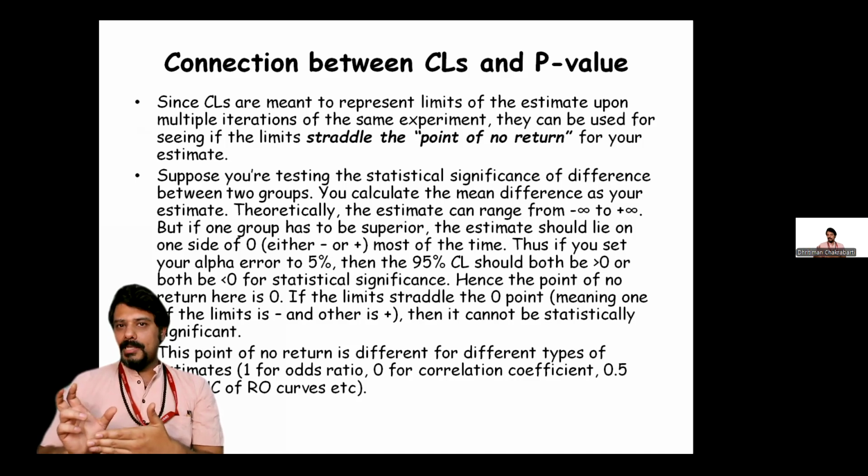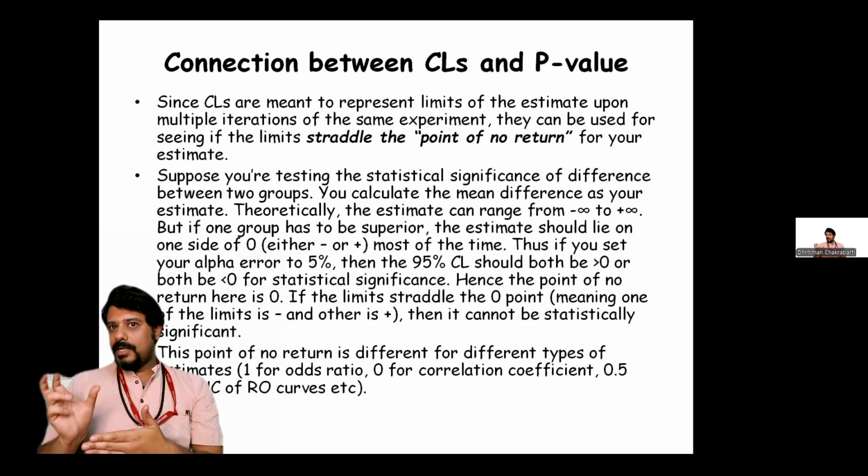Okay, that basically tells you that there's a more than 5% chance, or more than 5% of the times, if you repeat the same experiment, you are going to get a correlation coefficient which can be negative. Okay, that is a level of uncertainty that you're not okay with. So you are basically committing an alpha error, right?